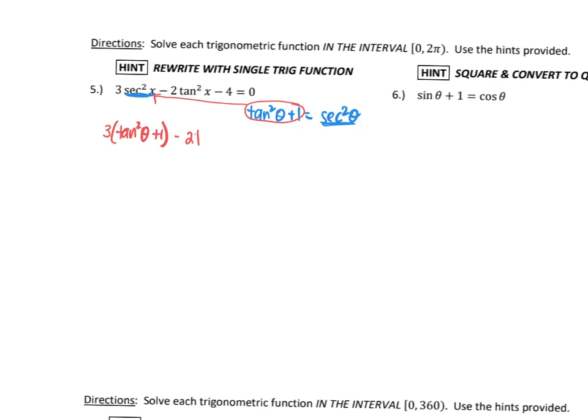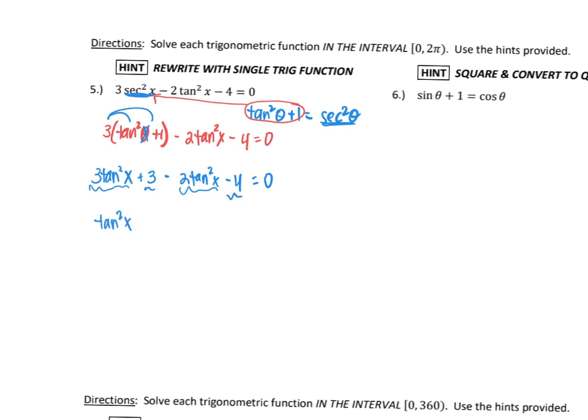And then I'm going to subtract 2 tangent squared x minus 4 equals 0. All right, I'm going to multiply this all out. We should be working with x's: 3 tangent squared x plus 3 minus 2 tangent squared x minus 4. And then combine like terms: 3 tangent squared x minus 2 tangent squared x, tangent squared x.